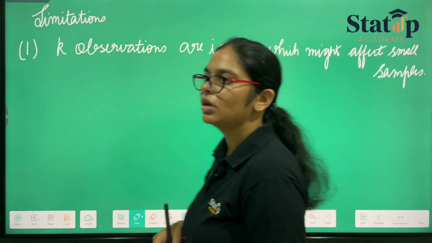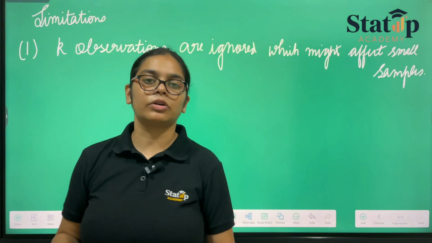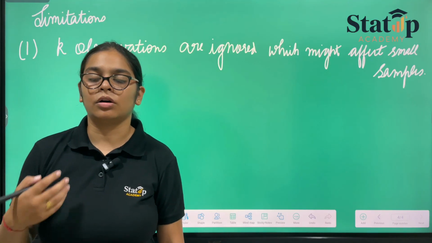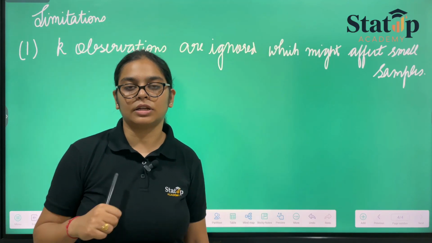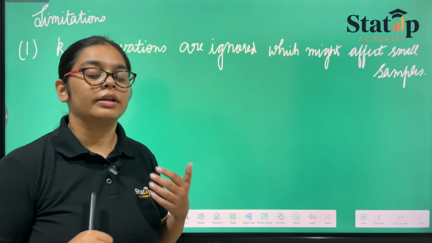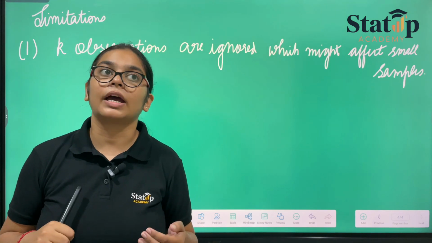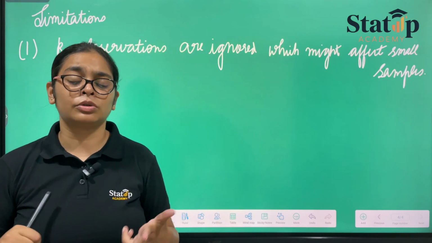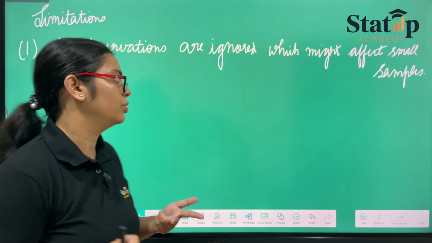As I've told you, if you take a sample of 10, and out of 10 only 9 are correlated and one is uncorrelated, then we have to get rid of all 9 samples, or we can get rid of 8 out of 9, so that the two remaining observations are uncorrelated.